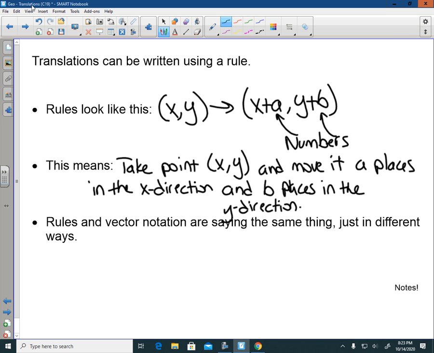Rules and vector notation are saying the exact same thing, just in different ways.